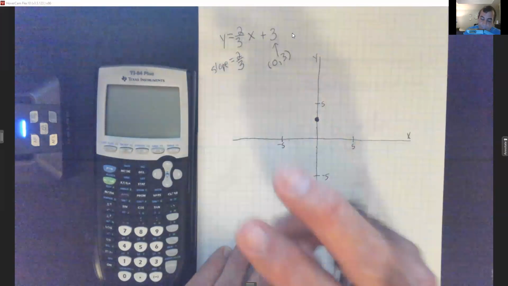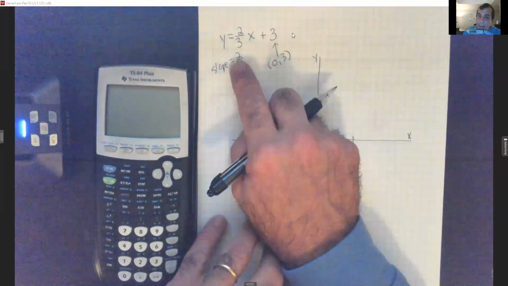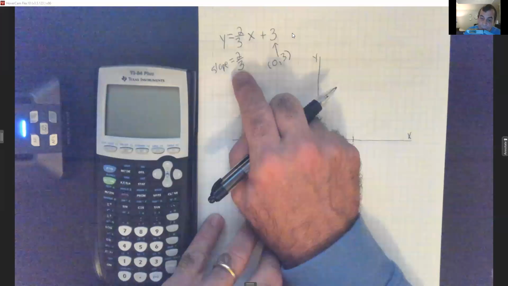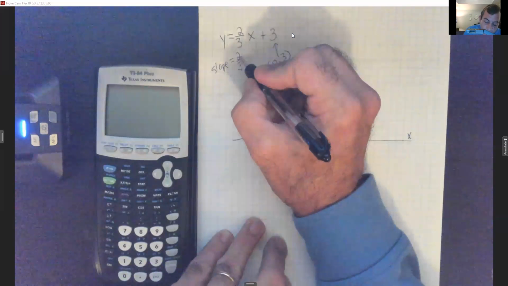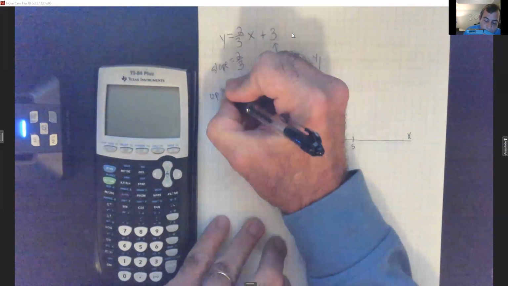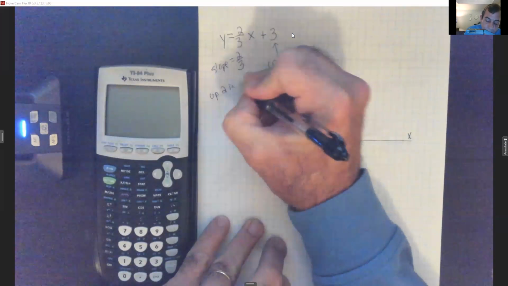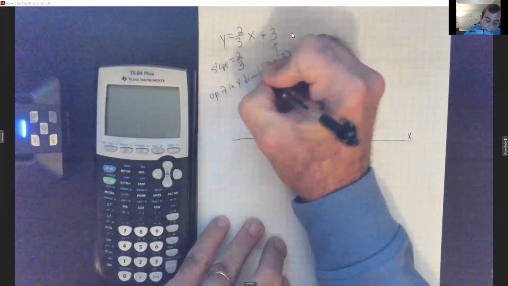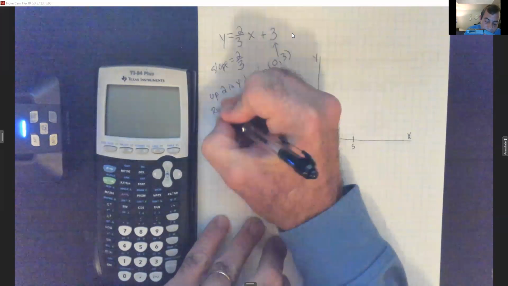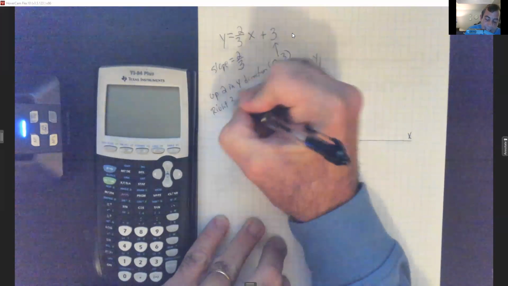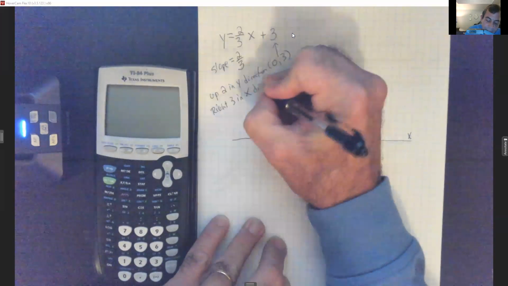Now, my slope is +2 over +3. Remember, 2 means you're going to go up 2 in the y direction. And the 3 on the bottom means you're going to go right 3 in the x direction.